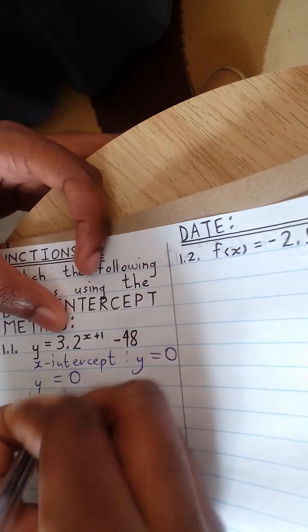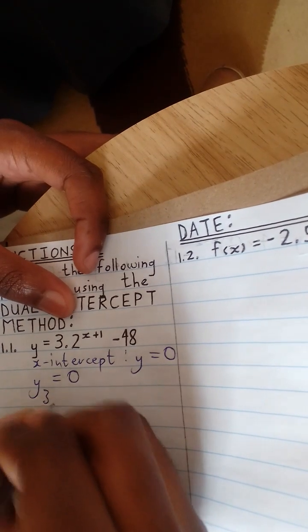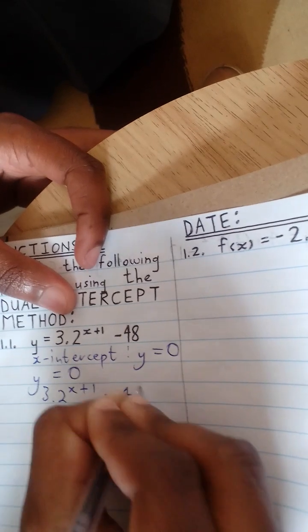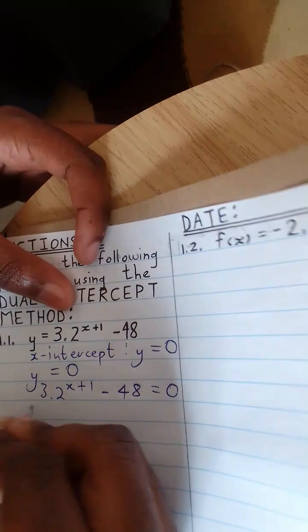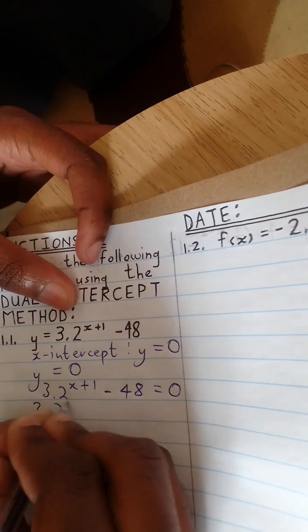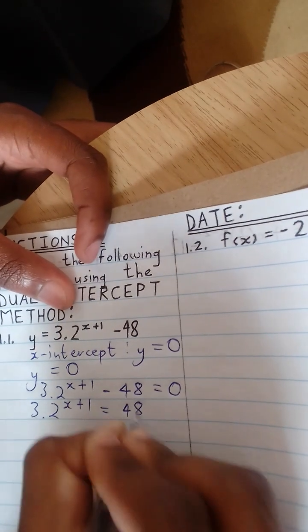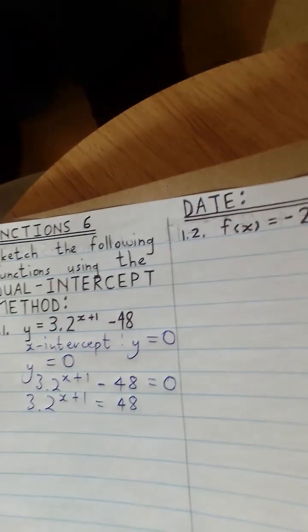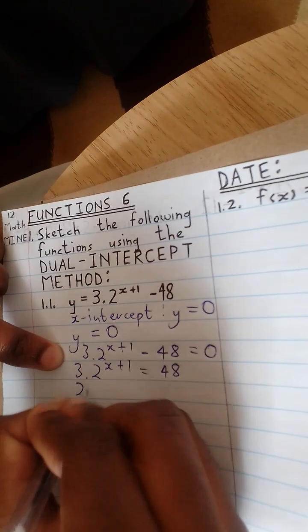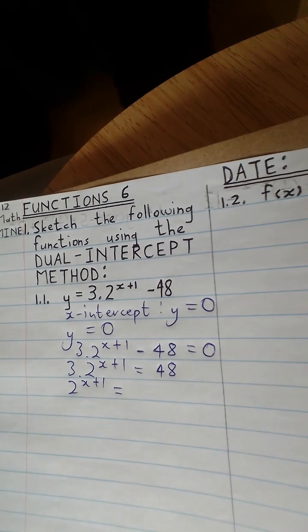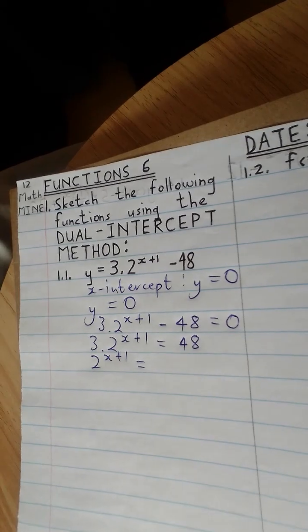So we have 3 times 2 to the power of x plus 1, minus 48 is 0. Divide everything by 3. On the left you have 2 to the power of x plus 1, and on the right 48 divided by 3, which is 16.